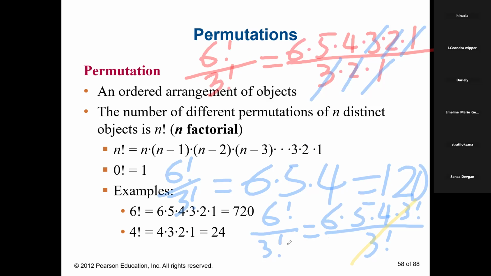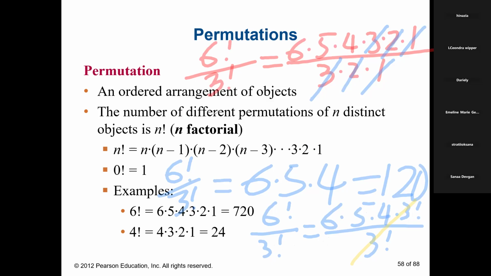If the bottom number were 4 factorial, I would stop at 4 factorial. If the bottom number were 5, I would stop at 5 factorial. Is this clear?